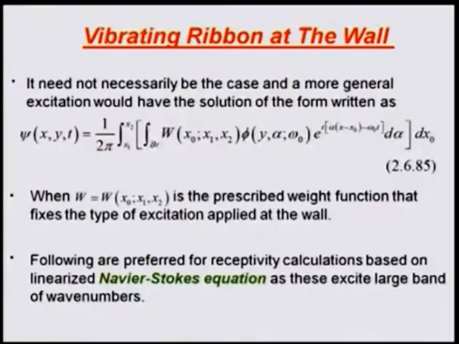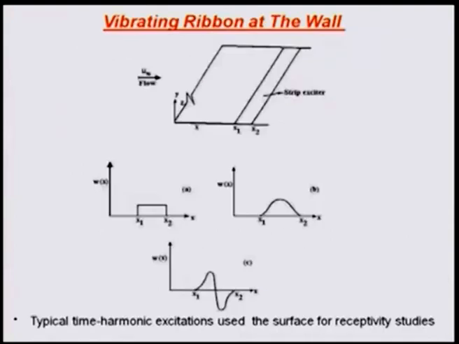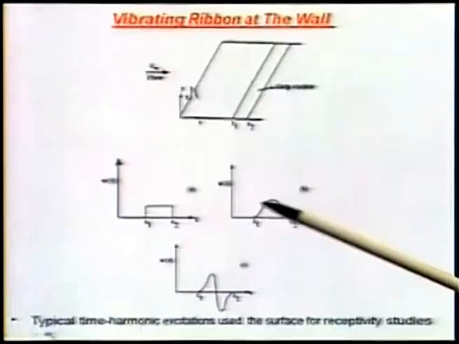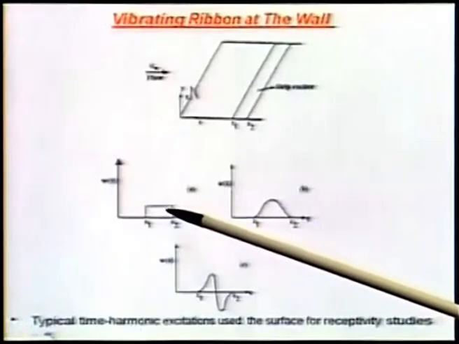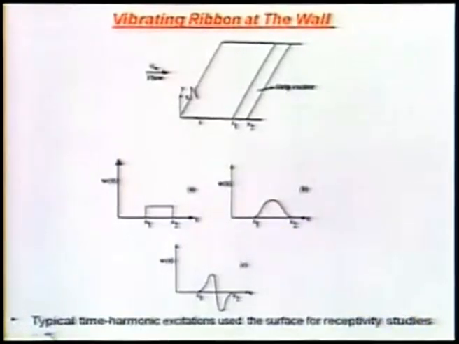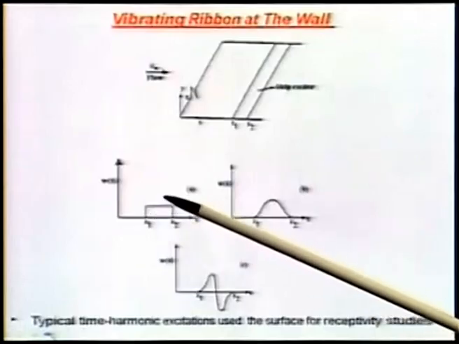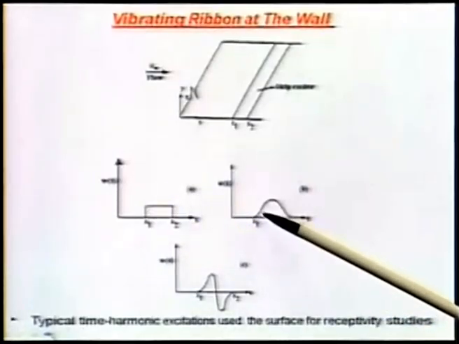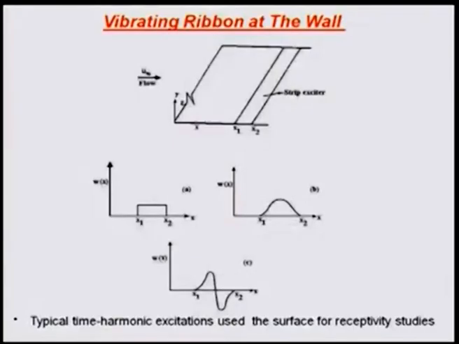Now, I told you that for the Navier-Stokes equation we do not want this heaving motion of the strip. We do not want to do this in a Navier-Stokes solution. We want to do something different, where at the end we should have amplitude equal to 0. This is one way of doing it, a Gaussian.